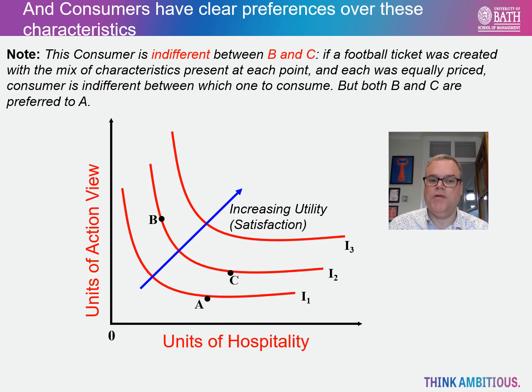However, the consumer prefers to be on a higher indifference curve, where she will be able to enjoy more units of both characteristics. In this case, while the consumer is indifferent between points B and C, both of these points are preferable to point A.